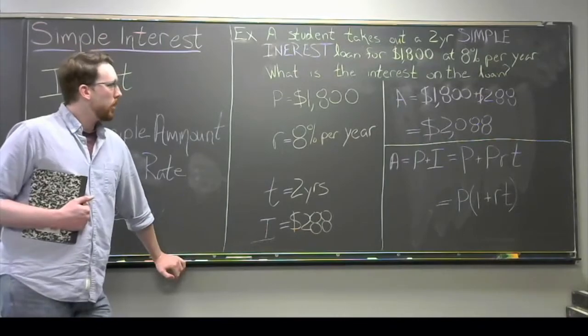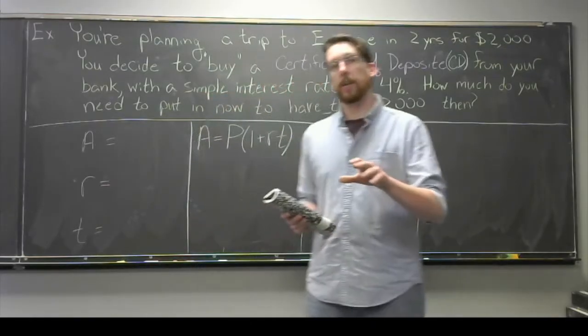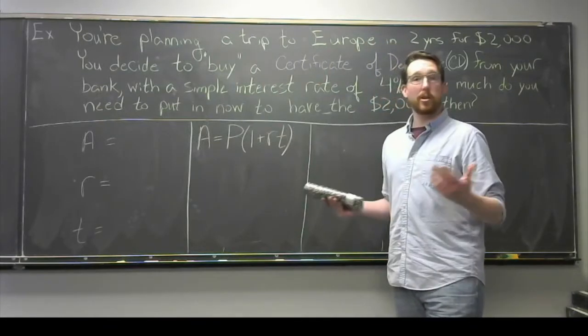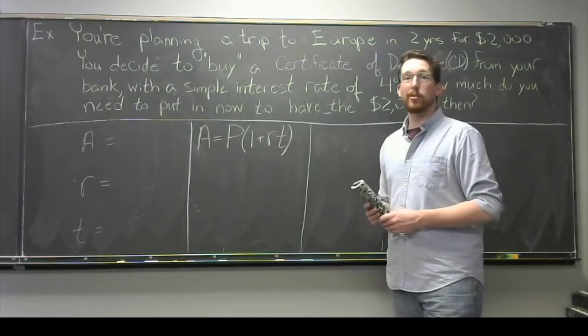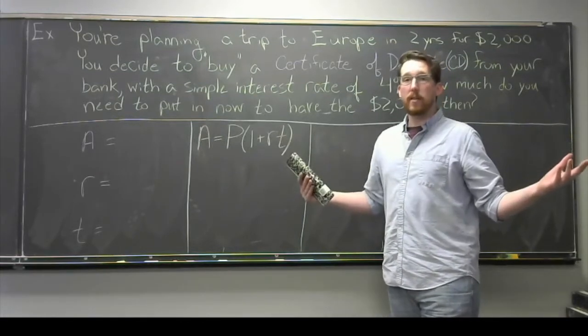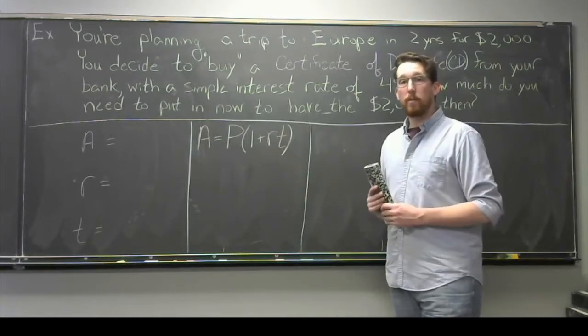Cool, let's move on. Before we move on to compound interest, I want to take a second to consider this example behind me. Let's say you're planning a trip in 2 years to Europe. You know that trip's going to cost you $2,000, but you're like, hey, I got some time, why don't I save money and invest this money into what's called a certificate of deposit?